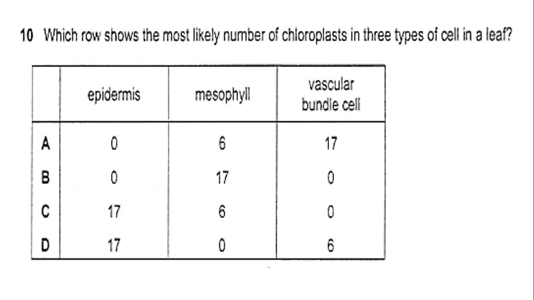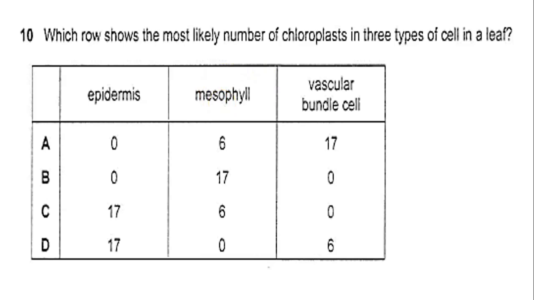Which row shows most likely number of chloroplasts in the three types of cells in a leaf? Here you have the epidermis. We agreed that the epidermal cells are transparent. So of course they have 0 number of chloroplasts. And the mesophyll cells, these are the ones responsible for photosynthesis.